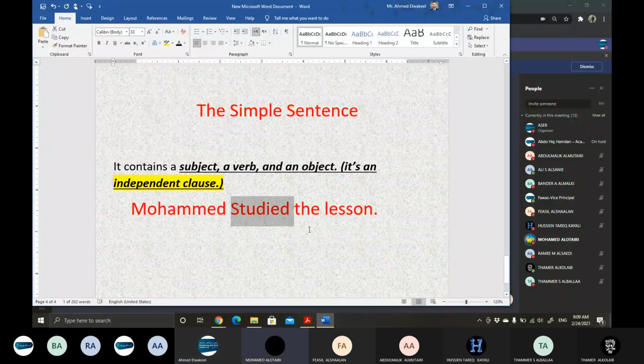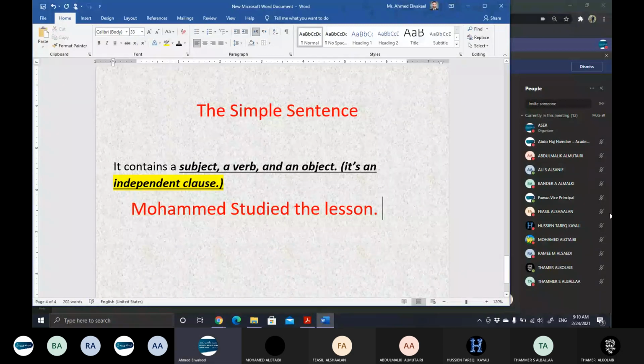Studied is the action verb. And the lesson is the object, the direct object. And then you have your period to show that the sentence is over. So this is called declarative, to declare.